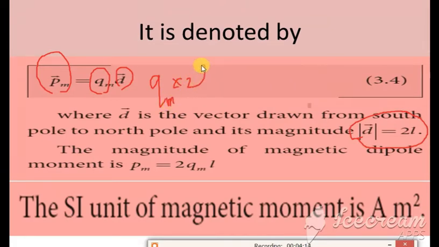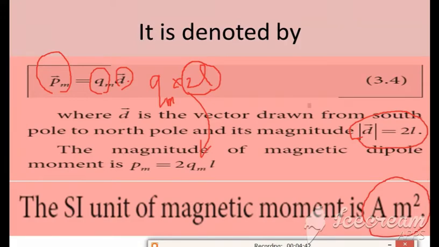The distance is 2L; here instead of 2L, it is written as D. So Pm is equal to Qm into D. D is a vector, and so we can also write this as 2 into Qm into L. And the SI unit of magnetic dipole moment is Am square.